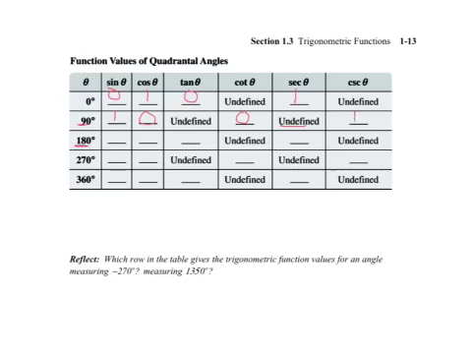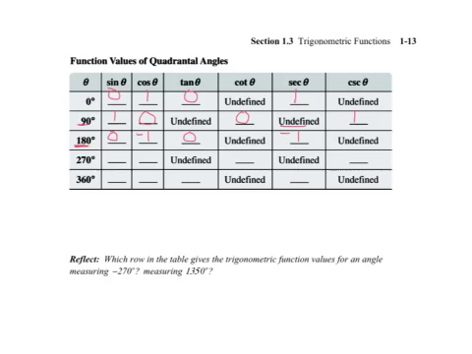If we go down to 180 degrees, sine is 0, cosine is negative 1, tangent is 0, your cotangent is undefined, secant is negative 1, and cosecant is undefined.